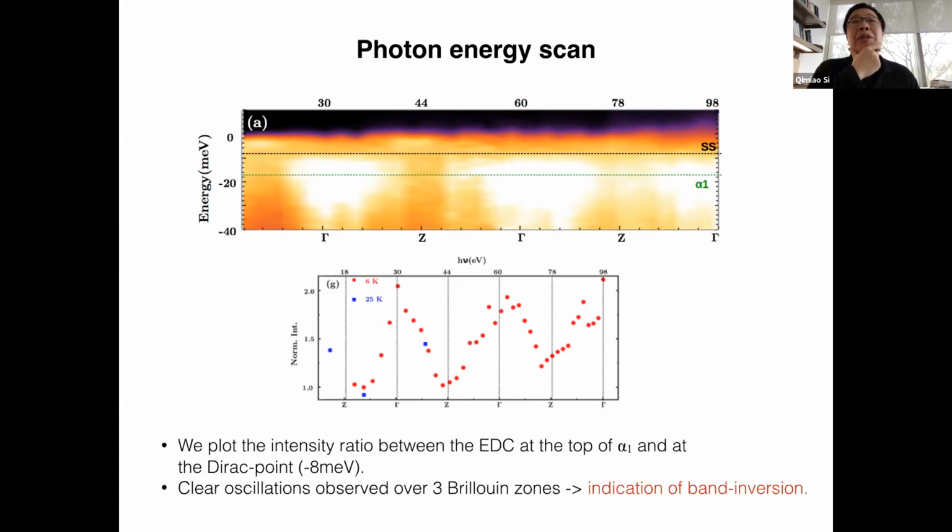But the observed bandwidth is very narrow for gamma to Z. So for that they would have to measure at different photon energies. I see. So you've done the systematics over a wide range of photon energies. Usually, yeah. Okay, great. Yeah, thank you.